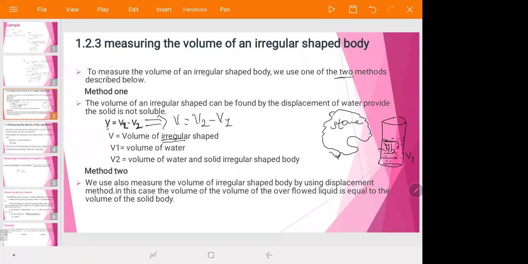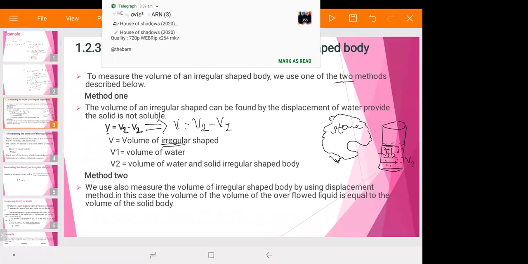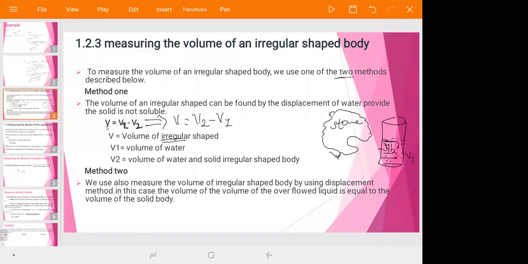So you can find the volume of an irregular shaped body by this method. The second one is to measure the volume of an irregular shaped body by using the displacement method. In this case, the volume of the overflowed liquid is equal to the volume of the solid. Simply, they are similar. If you see this one in detail, it is similar. So, to find the volume of an irregular shaped body, we must use this method, or entering into water and taking the second volume minus the first volume.